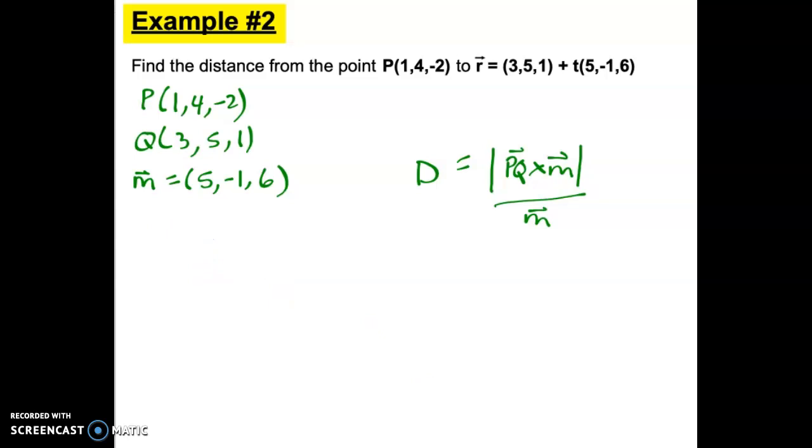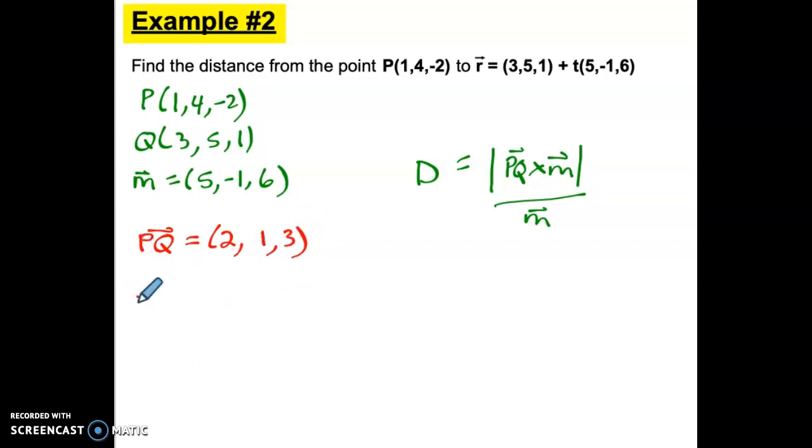Okay, so first we need to find vector PQ. And we can do that by doing Q minus P. So 3 minus 1 would be 2, 5 minus 4 would be 1, and 1 minus negative 2 would be 3. So there's vector PQ.